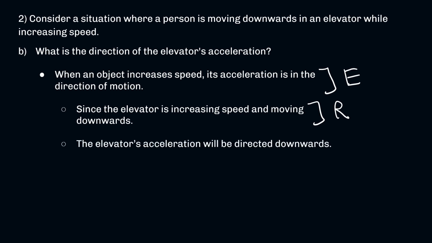So the elevator's acceleration will be directed downwards, and that is going to be our claim. So you can kind of see where this is going based on the last example, or if you're working on the worksheet, we have evidence, reasoning, claim again. We figured out that the elevator's acceleration is directed downwards because I'm moving downwards while increasing speed. So let's get into our final part of this example.